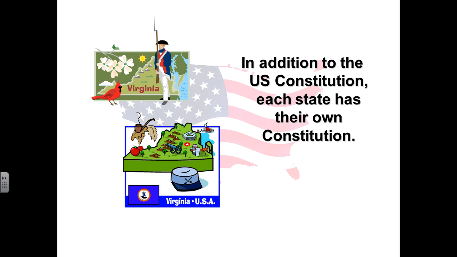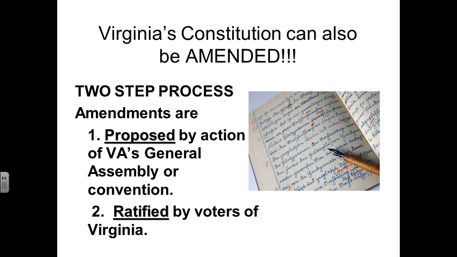So in addition to the U.S. Constitution, each state has its own constitution. Virginia's Constitution can also be amended. It's very similar to the U.S. Constitution process, but it's a little different.